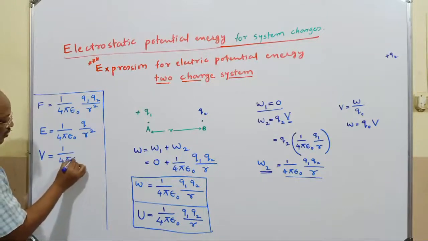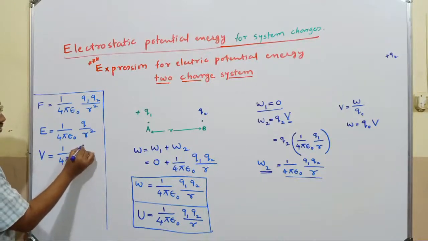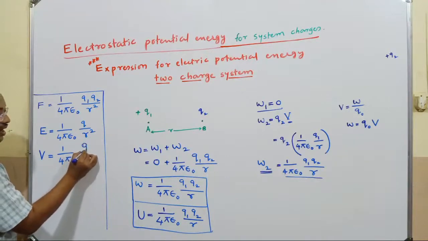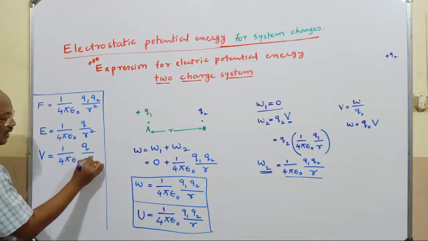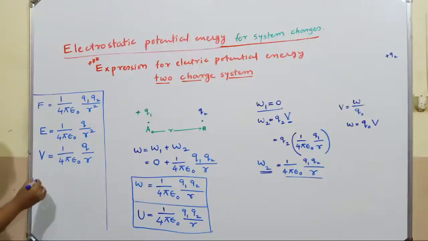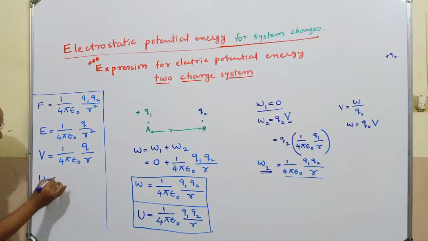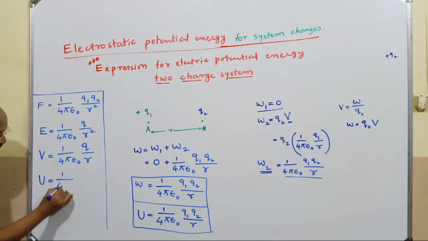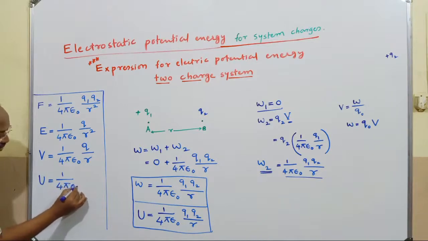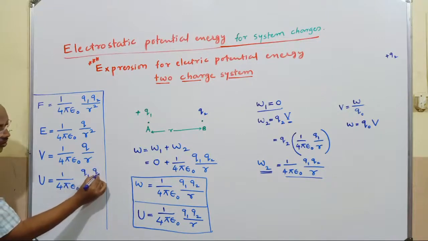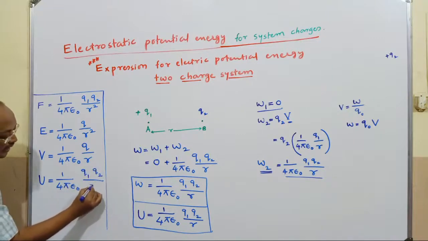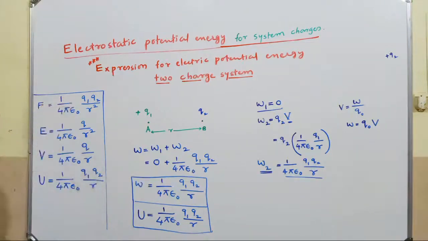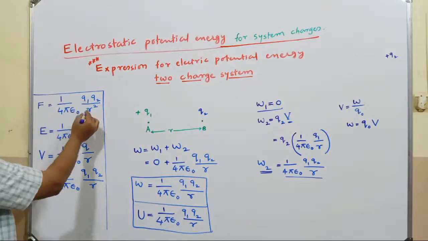For potential, 1 by 4 pi epsilon naught, single charge Q by R. And for potential energy, U is 1 by 4 pi epsilon naught Q1 Q2 by R. This is electrostatic force, 1 by 4 pi epsilon Q1 Q2 by R square.